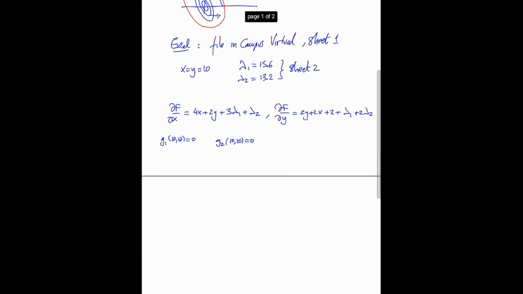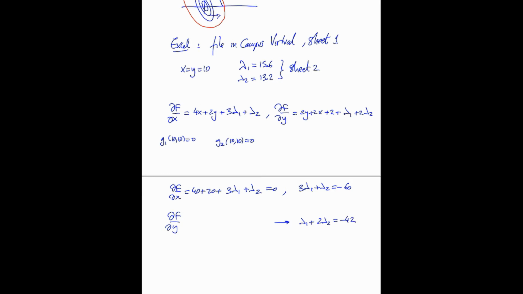Now we'll check the partial derivatives. For the partial of f with respect to x, we have 40 plus 20 plus 3 lambda 1 plus lambda 2 equals 0, or 3 lambda 1 plus lambda 2 equals minus 60. And from the partial derivative of f with respect to y, we get lambda 1 plus 2 lambda 2 equals minus 42.